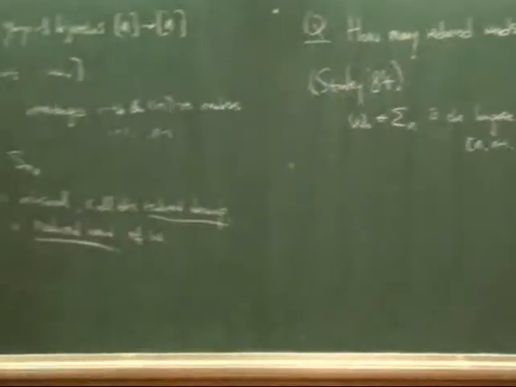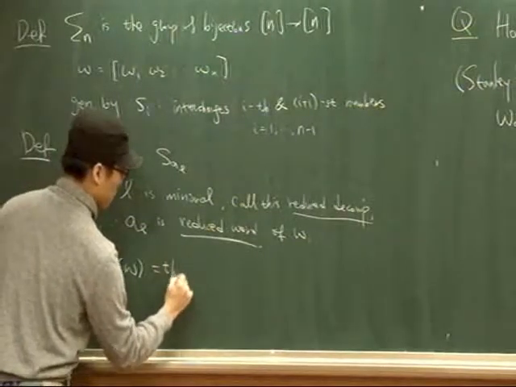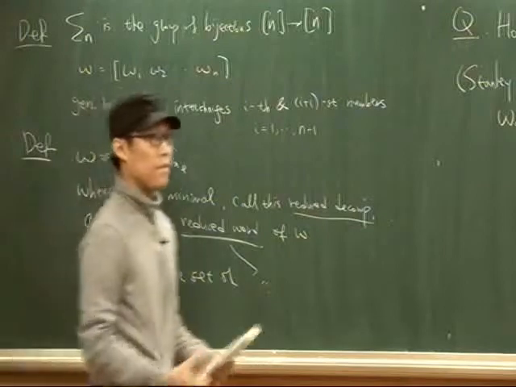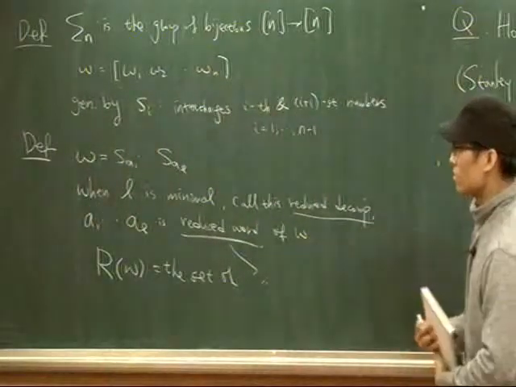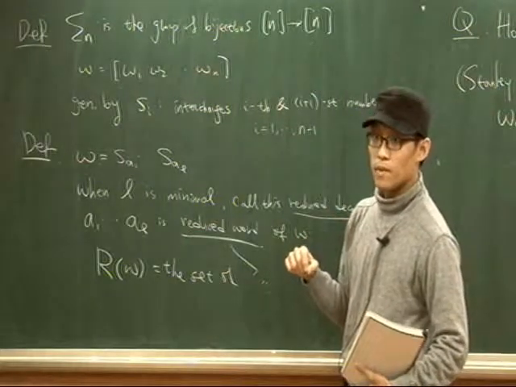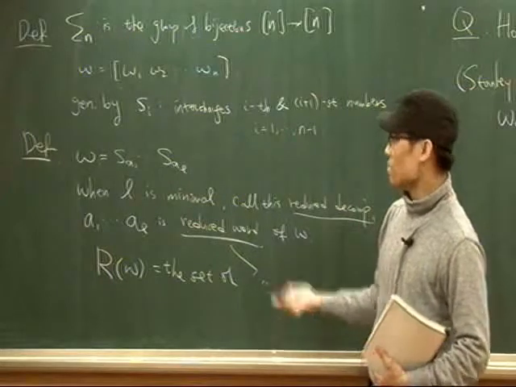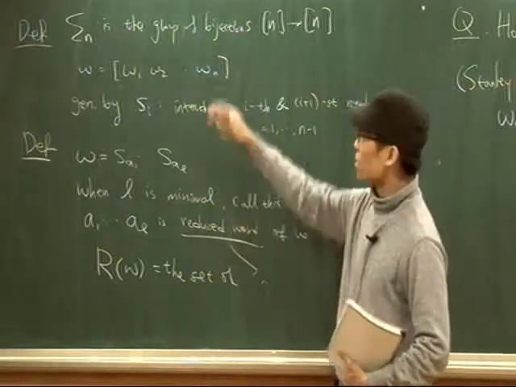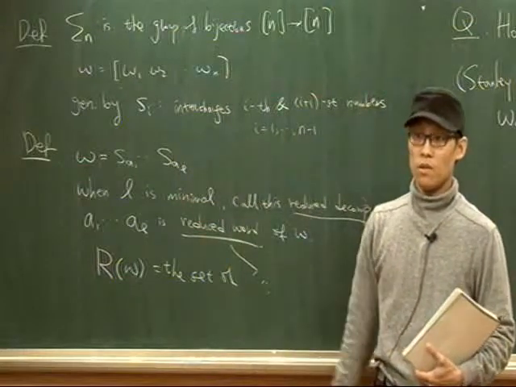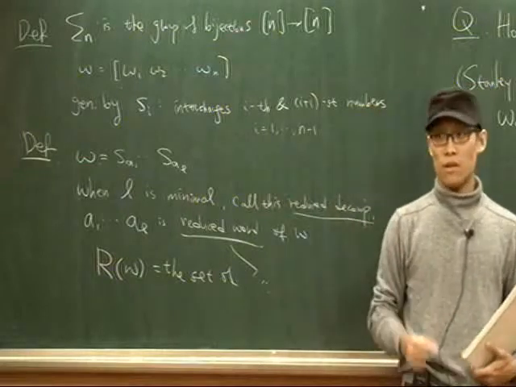I forgot to define this, but R(w) is the set of reduced words. Do you want l to be minimal in the sense that you might have two reduced decompositions? Yes, but it's a very famous property of this symmetric group that the minimal number l is independent of the choice of reduced decomposition. Its length is well defined.